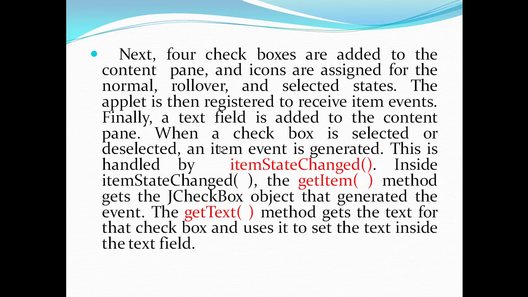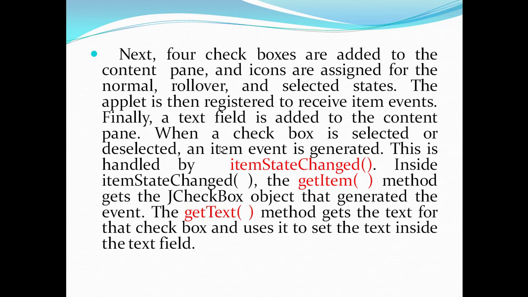Next, 4 checkboxes are added to the content pane and icons are assigned for the normal, rollover and selected states. The applet is then registered to receive item events. Finally, a text field is added to the content pane.